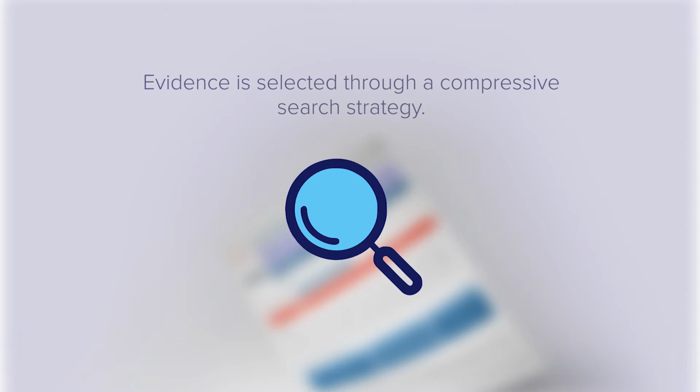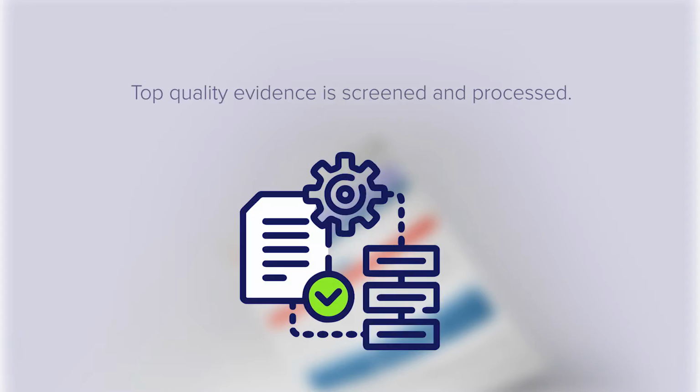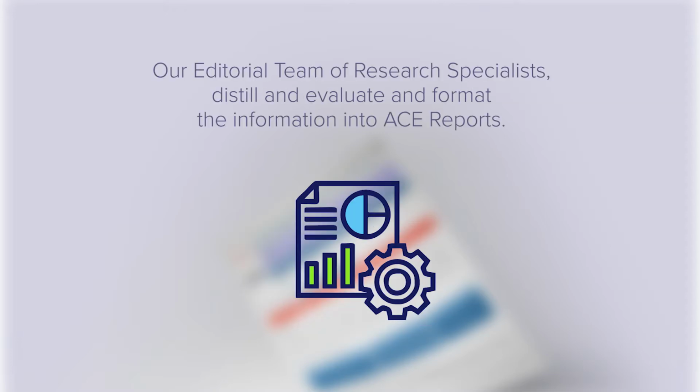After potential papers are identified, they are screened and processed through a rigorous extraction pipeline before being transferred to an editorial team of research specialists who distill, evaluate, and format the information as an ACE report.